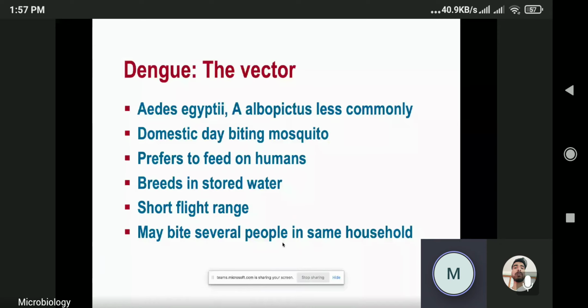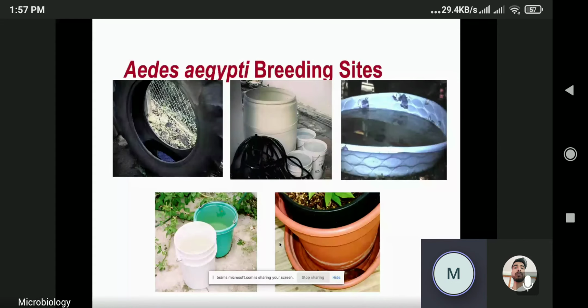Okay, so see, these mosquitoes can breed basically in stagnant water, stored water, that can be present even in a floor or in a bucket.